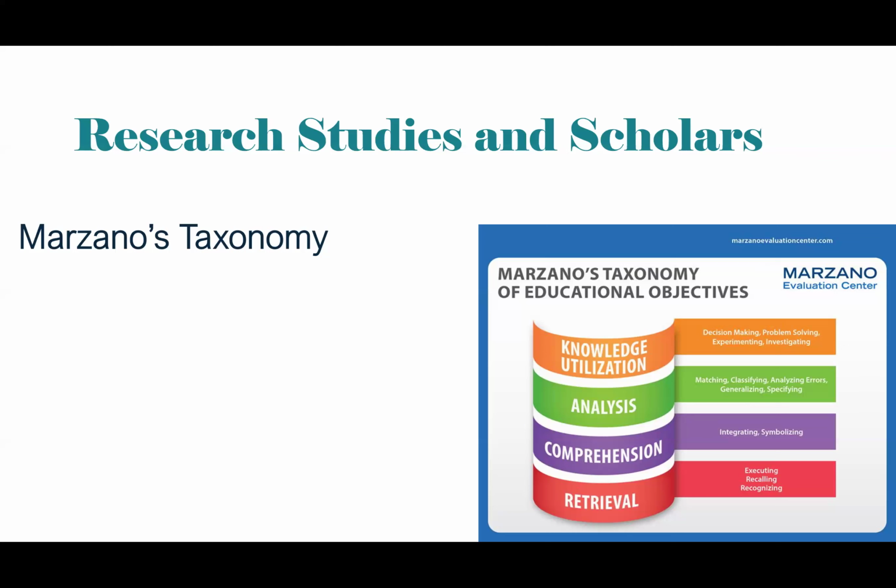Webb's taxonomy and Marzano's taxonomy are both frameworks used to understand the cognitive demands of educational tasks, but they have distinct focuses and structures. Let's talk in brief about the similarities between the two taxonomies.